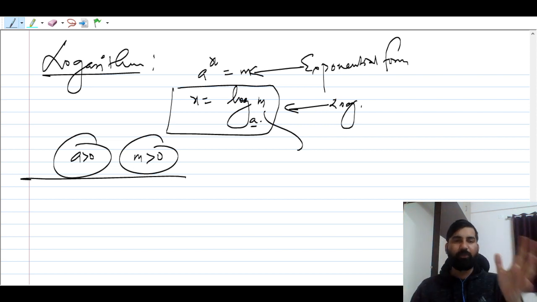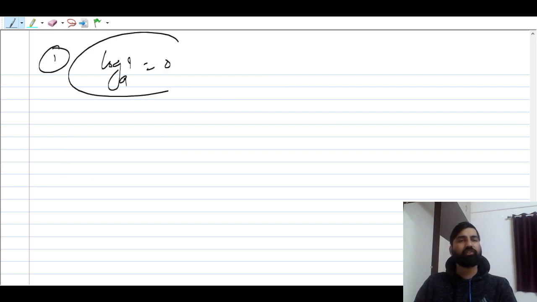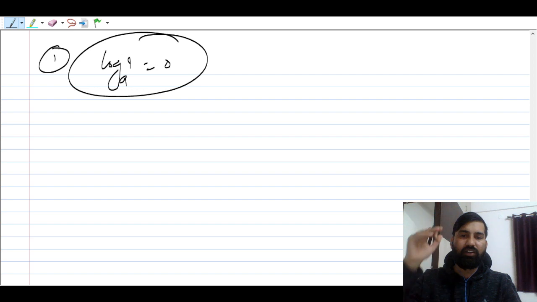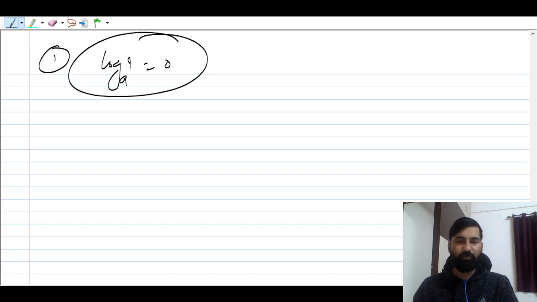There are some properties of log that you have to remember. Few properties that are basic truths, you should always remember. Log of 1 to any base should be equal to 0 always. You always have to accept that if you take log of 1 to any base, that base should be positive only, so the answer will be 0. This is the first fact.